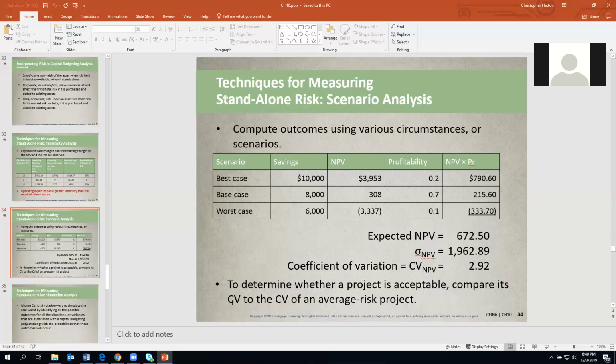Compare its coefficient of variation to the coefficient of variation of an average risk project. And to do that, you can look those up. Those are kind of your base case.